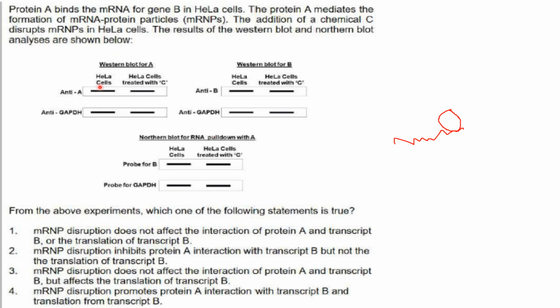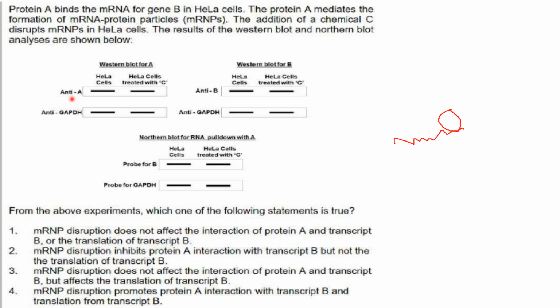So this is the Western blot for A, this is the Western blot for B. So these are HeLa cells, HeLa cells treated with C, HeLa cells and HeLa cells treated with C. This is the Northern blot, pull down with A, probe for B, HeLa cells and HeLa cells treated with C. GAPDH is just a control. Okay.